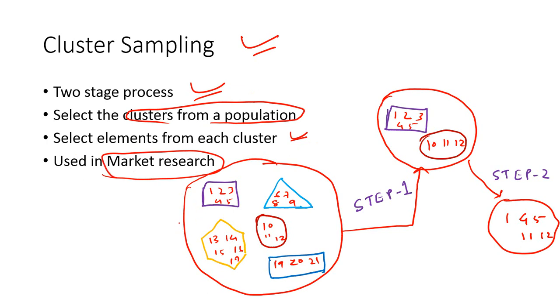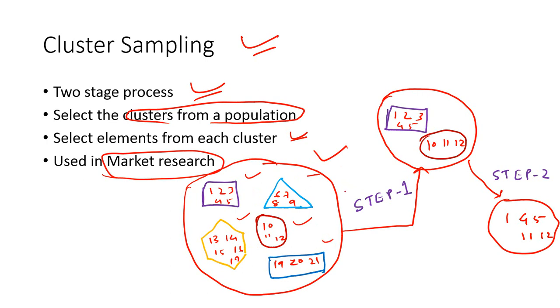So just to take an example, we have got this population, and in this population there are 5 different categories or 5 different clusters. I've denoted the clusters by different geometrical figures. So there is a square, triangle, hexagon, a circle, and a rectangle.